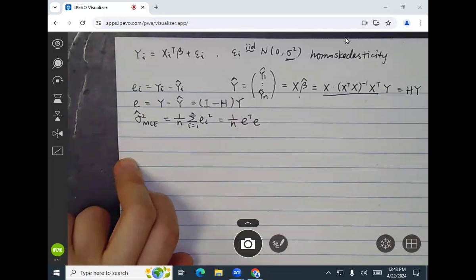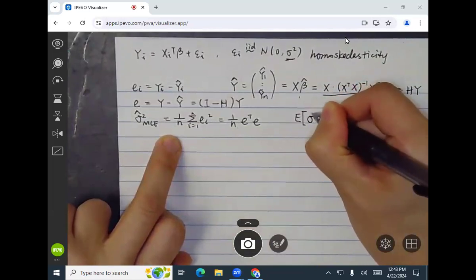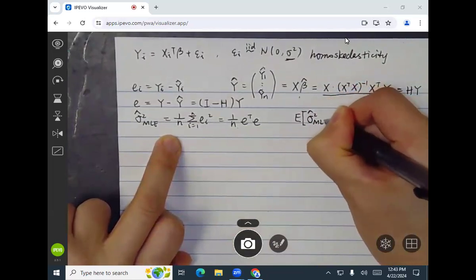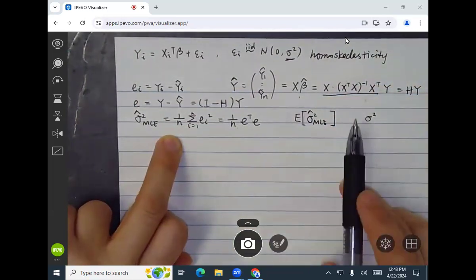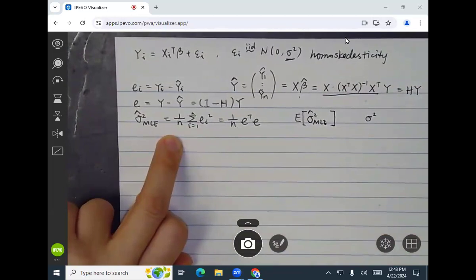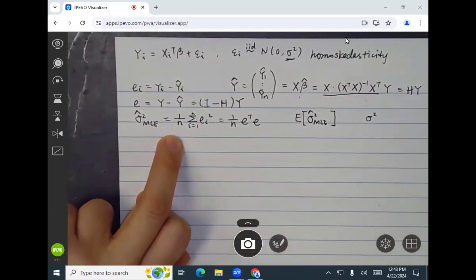Any other thoughts? So the definition of bias is this: we compare the expectation of this estimator to the true value. Maybe you can step back and think about what expectation means. It's the average value of the estimator, as you said.